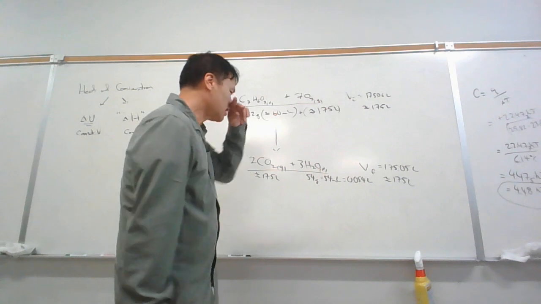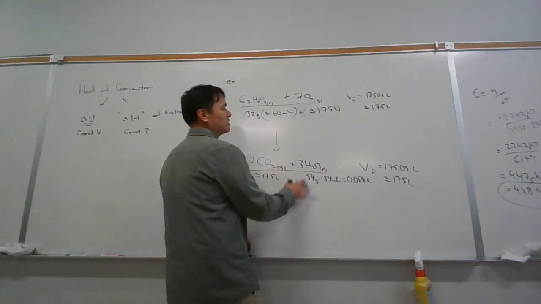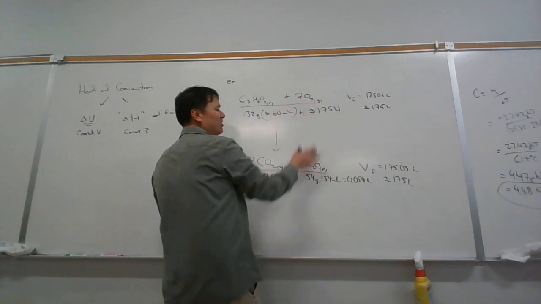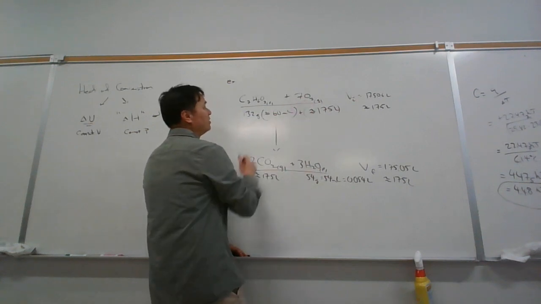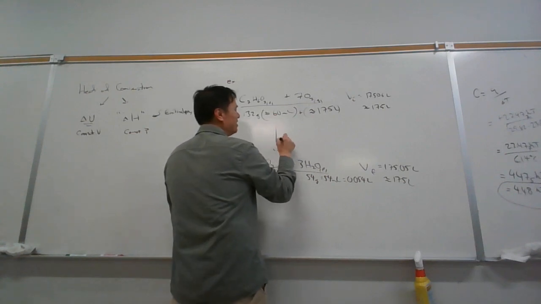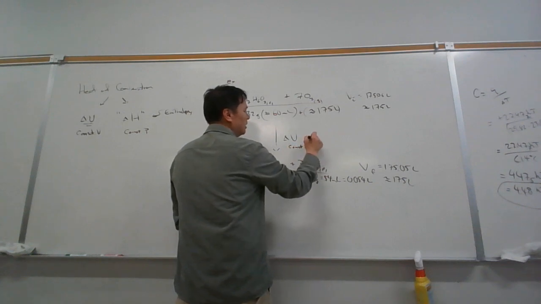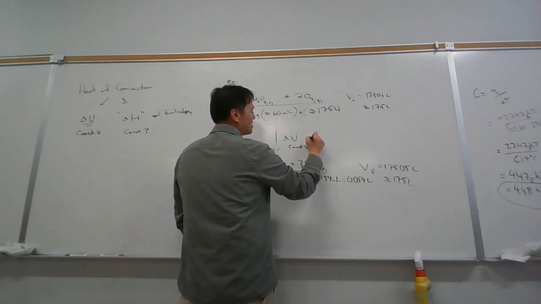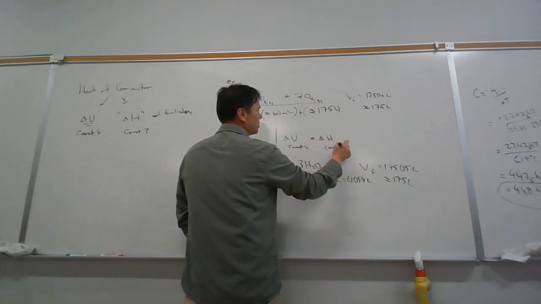So if we do this under constant pressure conditions, it's going from 175 to 175, it's pretty much the same. Or if we do this under constant volume, it's about the same. And so delta U here, which is under constant volume conditions, is going to be pretty much the same as delta H under constant pressure conditions.